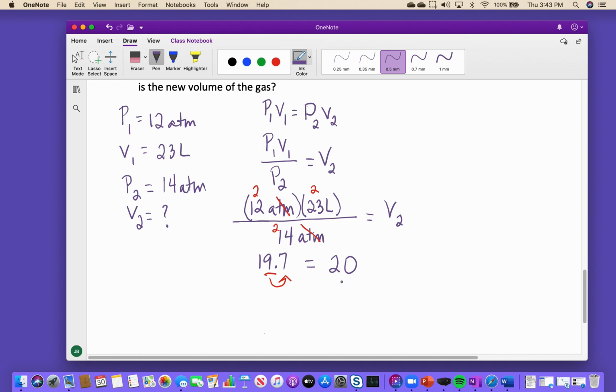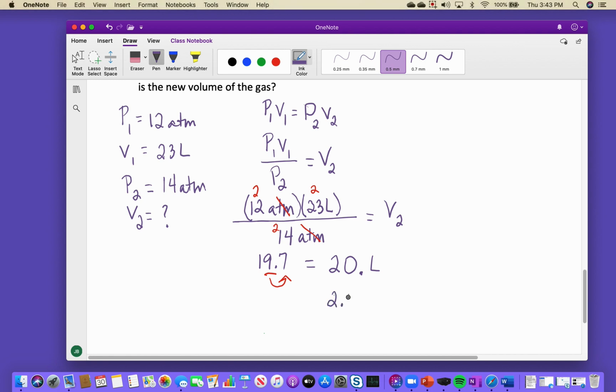Now, when we're looking at 20, does that show 2 significant figures? No, it does not. So we've got to find a way to take this number so that it is showing 2 significant figures. Remember, that can be done one of 2 ways. You can either put a decimal there and then put your units, or we can change it into scientific notation.